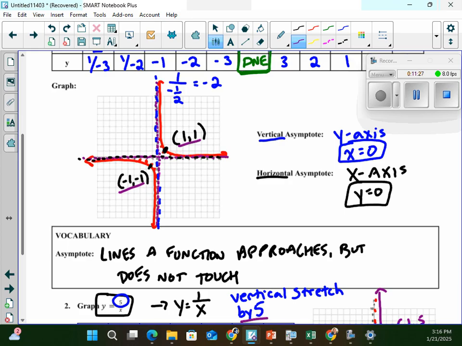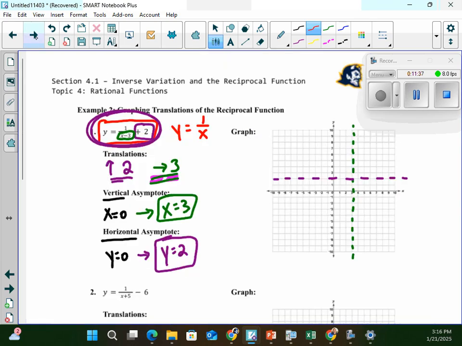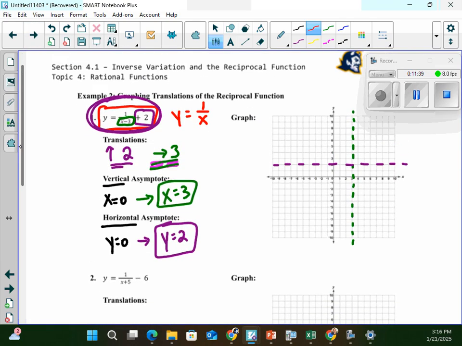Now notice how those 2 points are essentially 1 unit by 1 unit from your origin, or the intersection of the asymptotes. We can use that concept for this function right here.